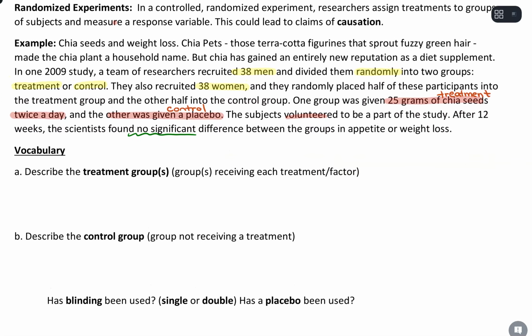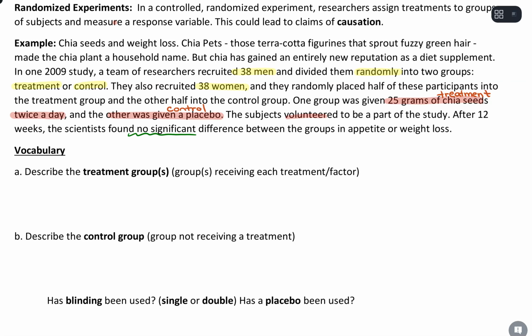So, treatment group. It's kind of in the wording of it itself. It's the group that's receiving the treatment. The treatment here is those 25 grams of chia seeds twice per day. So they separated 38 men into two groups and 38 women into two groups.